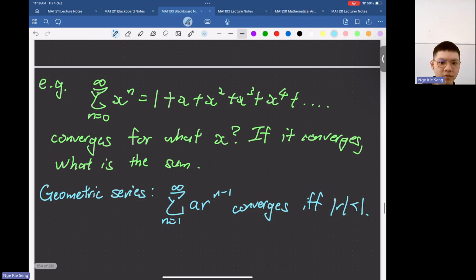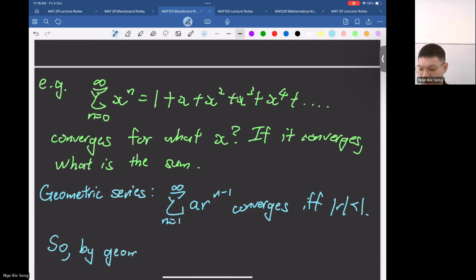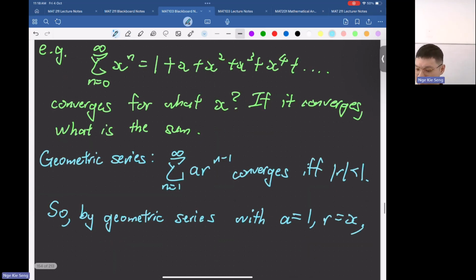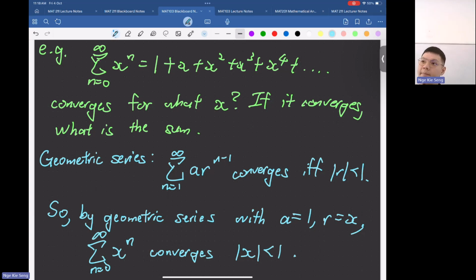So by geometric series with a equal to 1 and r equal to x, we know that the series converges only when the absolute value of x is less than 1.